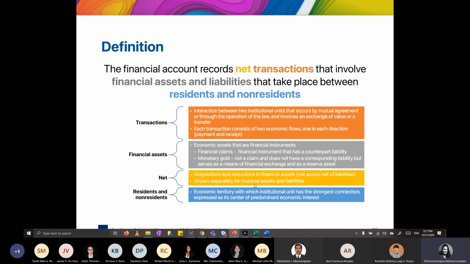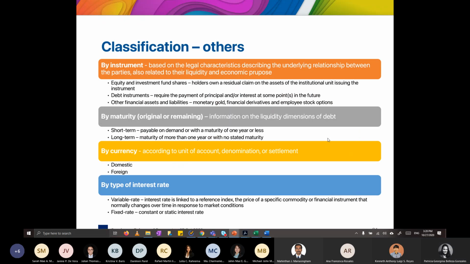So it's shown separately for financial assets and liabilities. As you'll see later, there's a column for net financial assets and another column for net financial liabilities. And then again, as is characteristic of any BOP transaction or flow, it's between residents and non-residents.